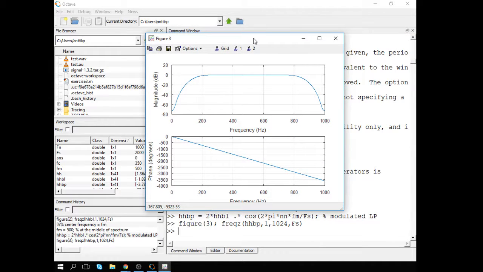Ta-da! Yep, bandpass filter. So now you know how to make a low pass to bandpass transformation.